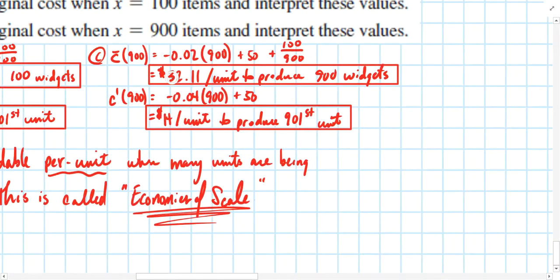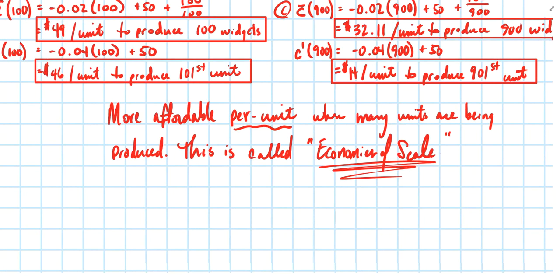So to produce that next item beyond the 900, that only costs $14, and you're definitely saving a lot of money at that point. And those cost savings, while it definitely costs a lot of money to produce 900 of these items, at least for each item individually, the average cost is going down.